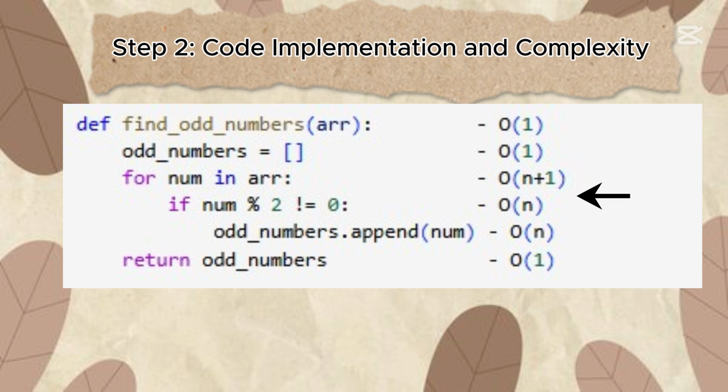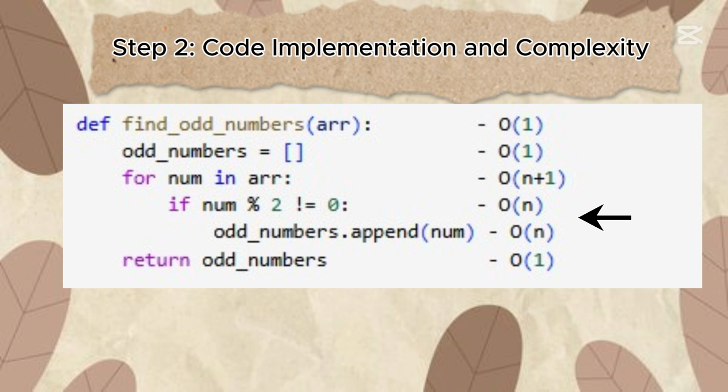Line 3, a for loop iterates over each element in the input array R. If R contains n elements, the loop runs n times, so the complexity is n. Line 4, the condition is checked n times and the complexity is n.